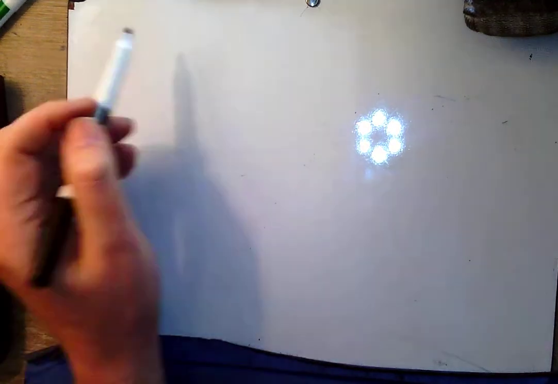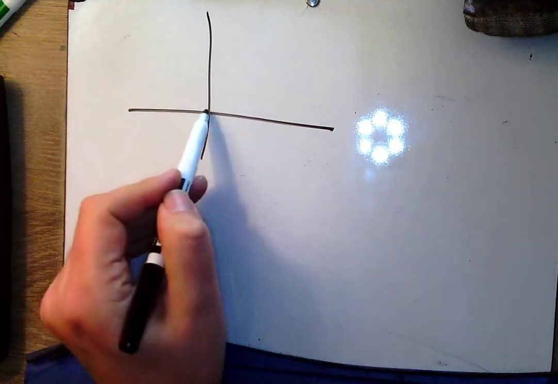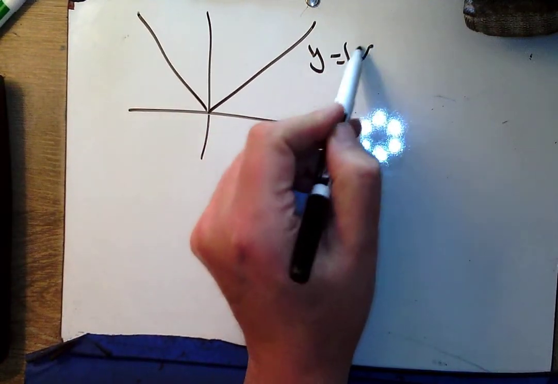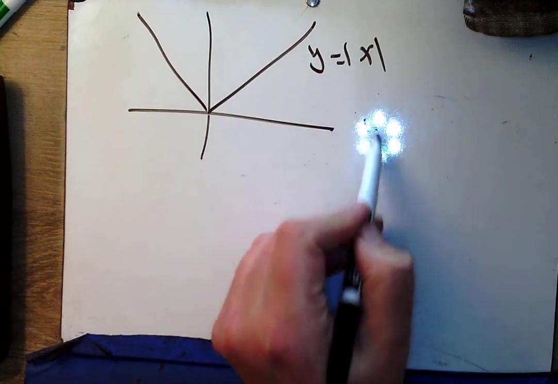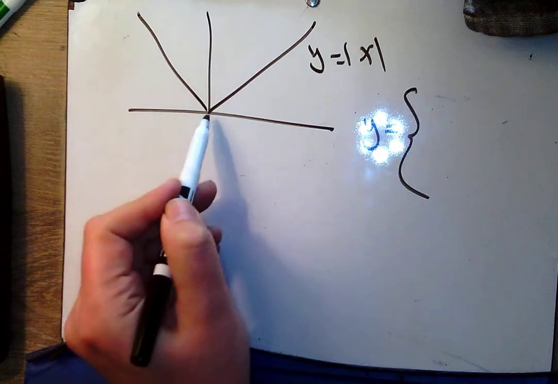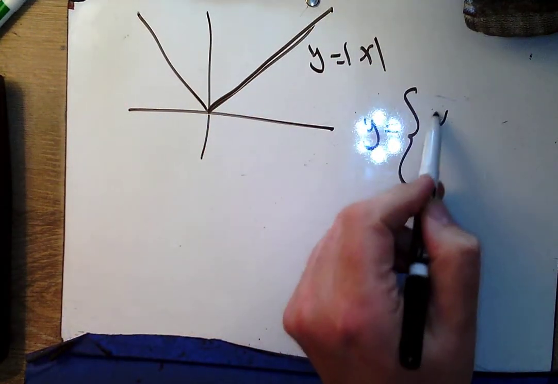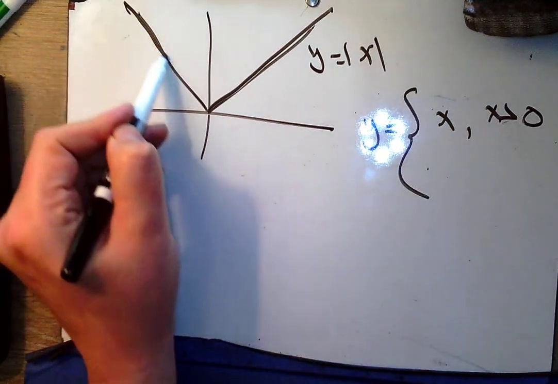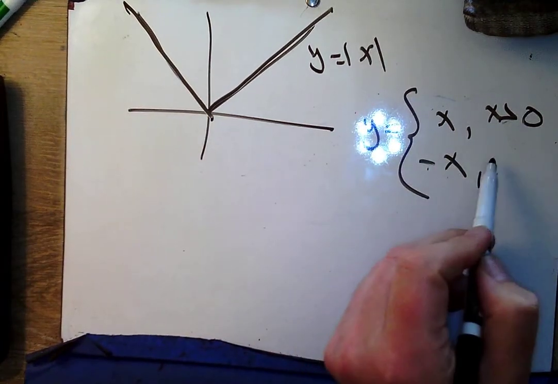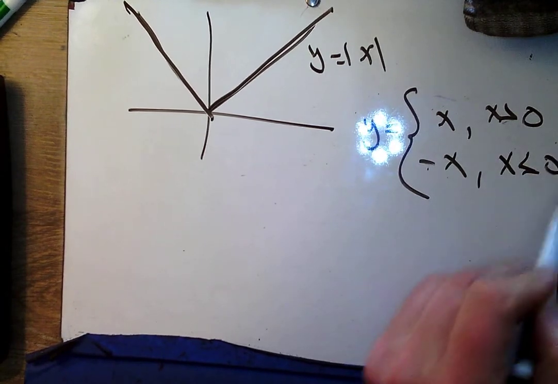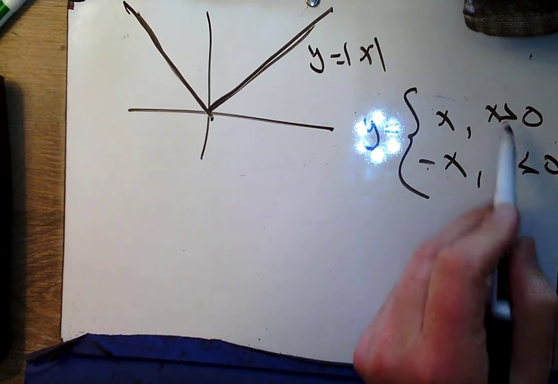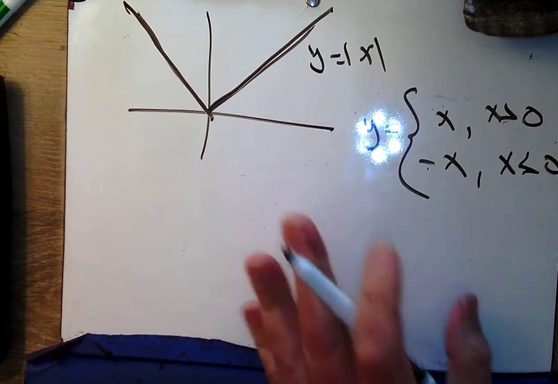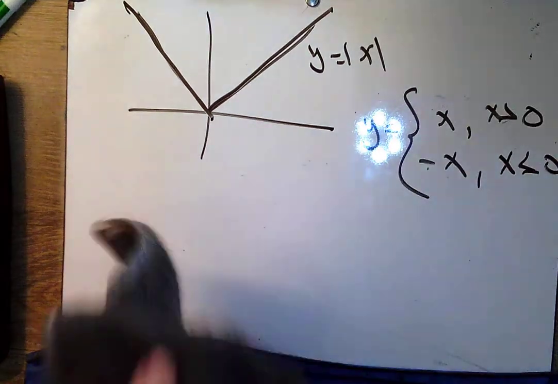And what I've said to you every time is that, if you have an absolute value function, I also don't know how to do that unless we turn this into a piecewise function, where it behaves like y equals x for x values greater than 0, and behaves like y equals negative x for x values less than or equal to 0. And no, this equal to could easily go there. It's completely arbitrary.